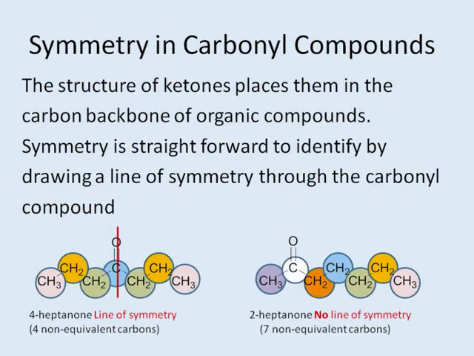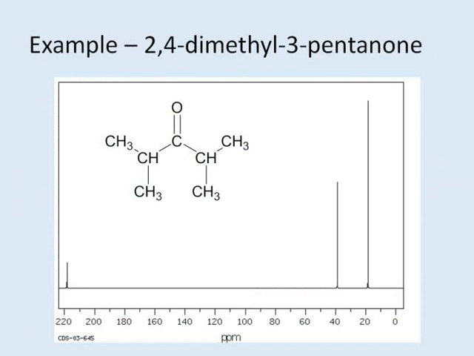Here is an example of a symmetrical ketone, 2,4-dimethyl-3-pentanone. See if you can identify which peaks correspond to which carbon atoms, and explain why there are only 3 peaks for a compound which contains 7 carbon atoms.